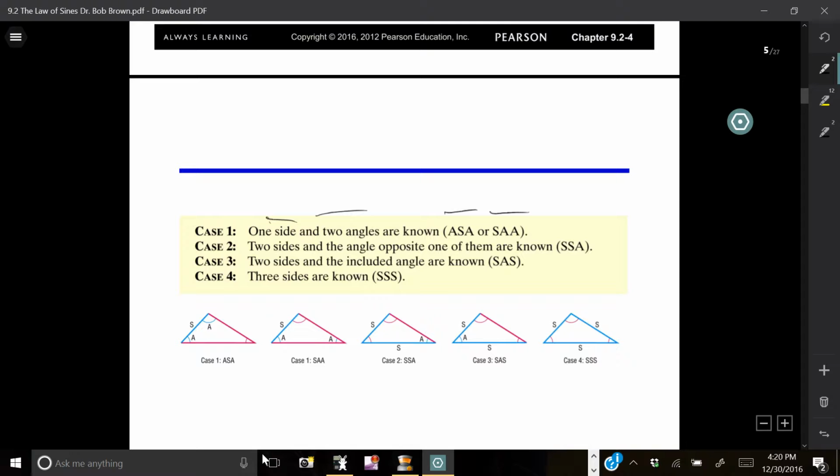If we're given two sides and the angle opposite one of them, they are known as side side angle. And then if you're given two sides and the included angle, they're known as side angle side. And if three sides are known, it's called side side side, and you want to find the angles involved.